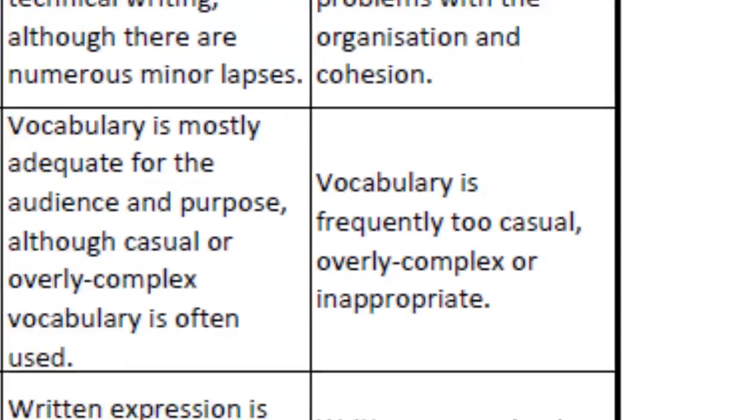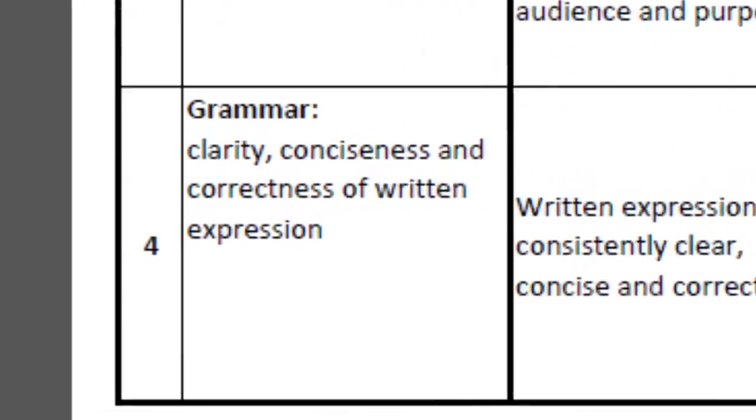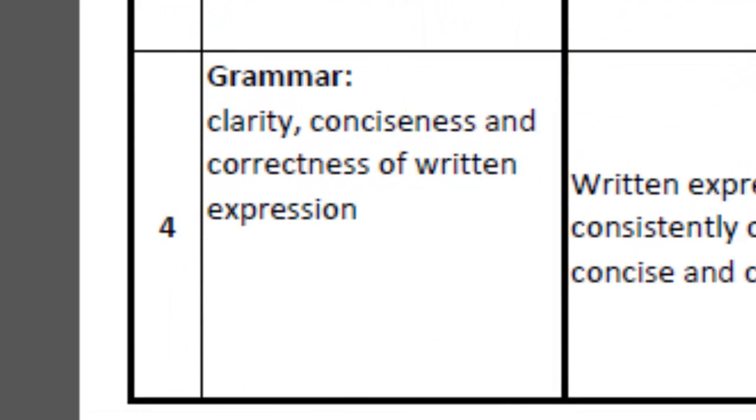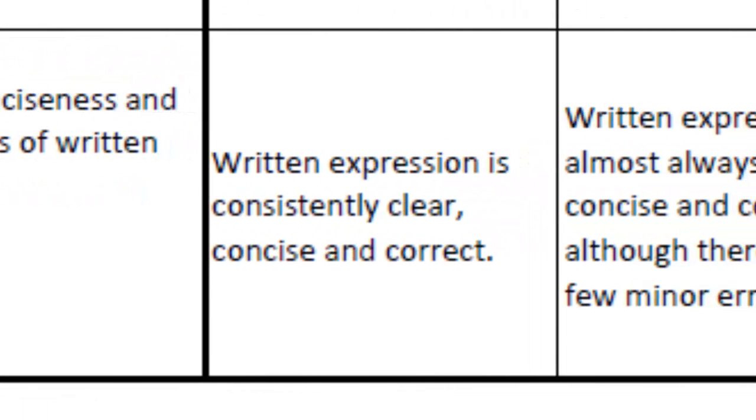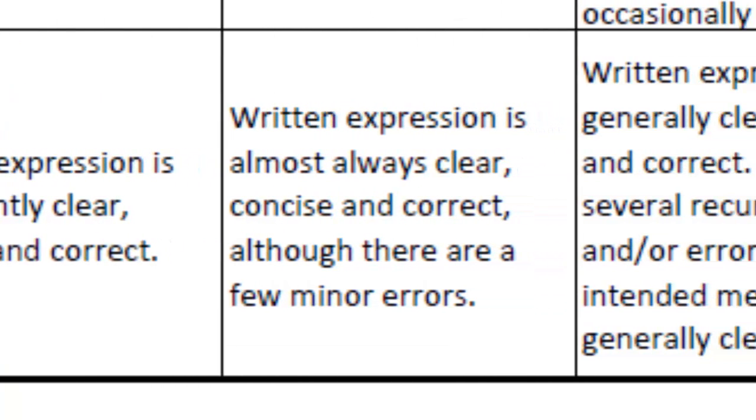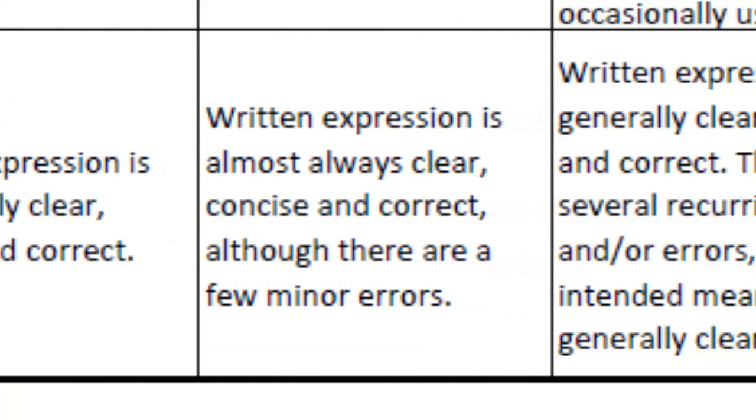In terms of grammar, we're looking for 3 of the things that make technical writing technical, and they are clarity, conciseness, and correctness. So high distinction means that it consistently adheres to those principles. A distinction means that it's almost always clear and concise and correct, but there might be a few minor errors here and there.